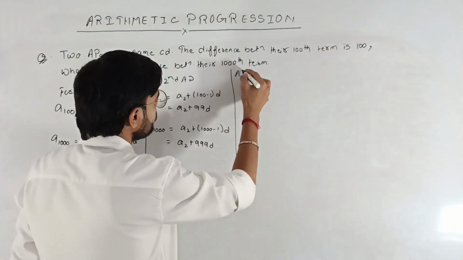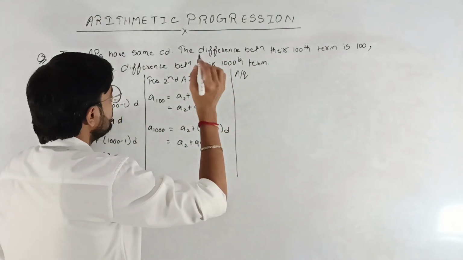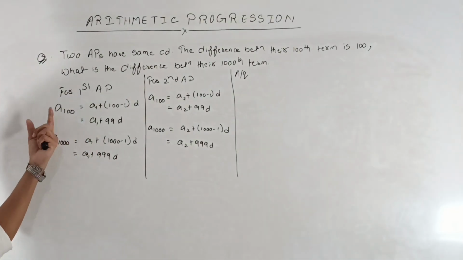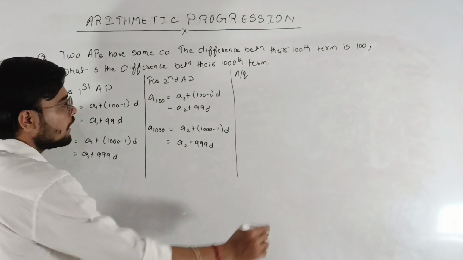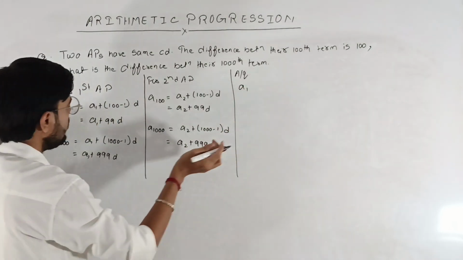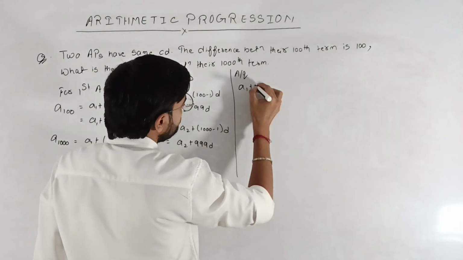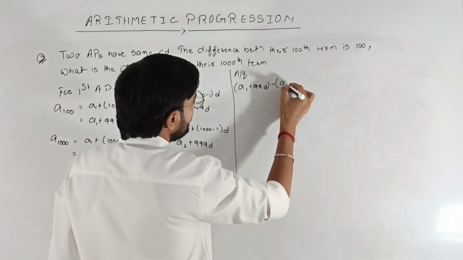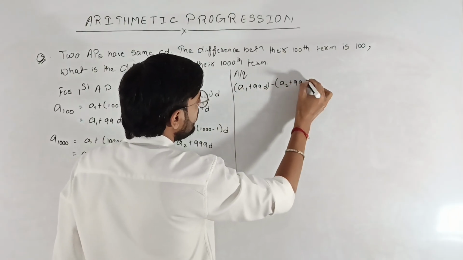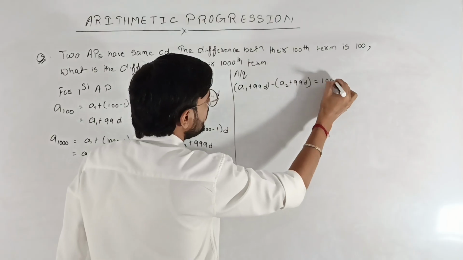According to the question, the difference between the 100th term of the first AP and the second AP is 100. So A1 plus 99D minus A2 plus 99D is 100.